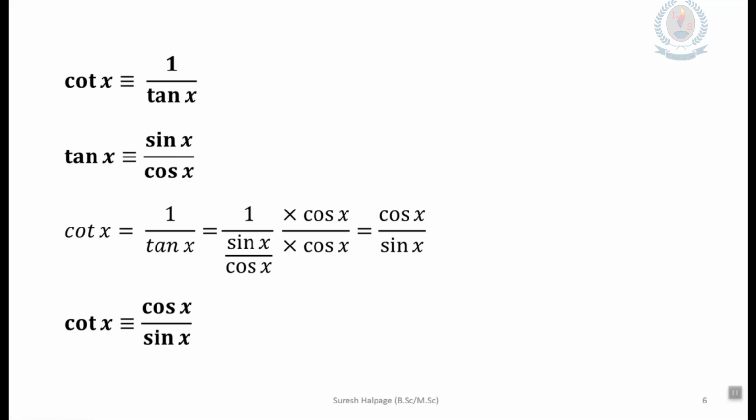If I multiply numerator and denominator by cos x, we now get this new identity. Cot x is identical to cos x over sin x. So you need to remember this.